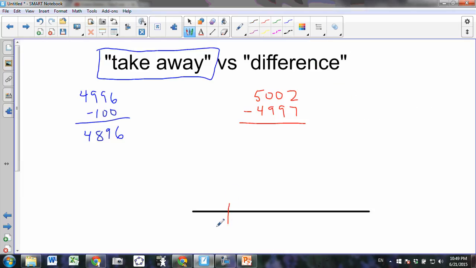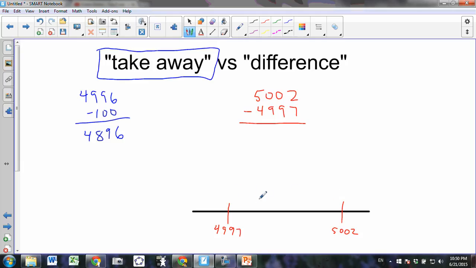I mean, 4,997, and then just a little bit further out, you've got 5,002. Well, how far apart are these numbers?